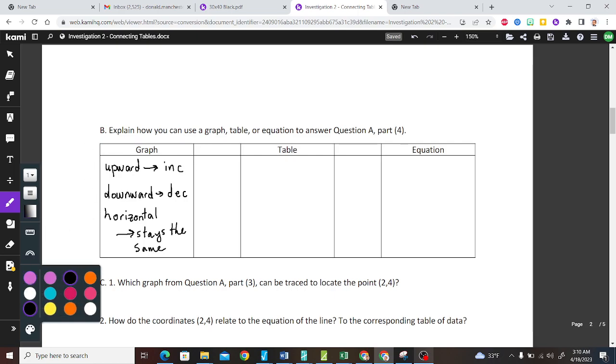So I'm going to make that as a side note: the direction of the graph.